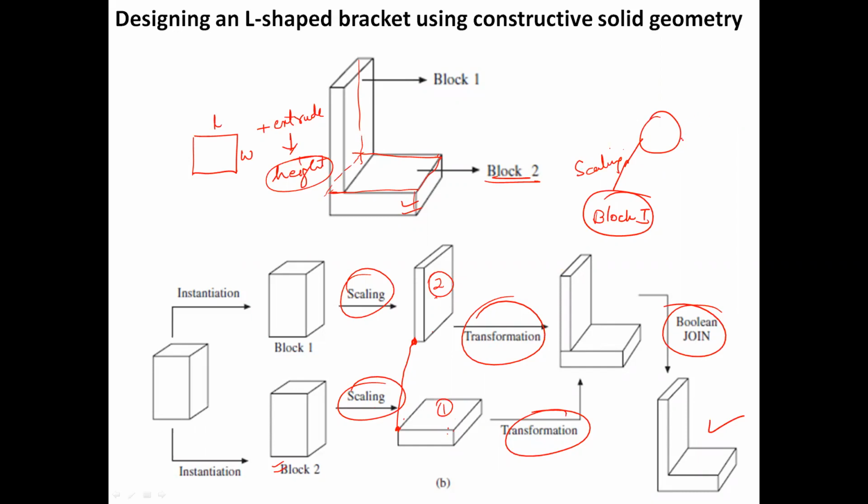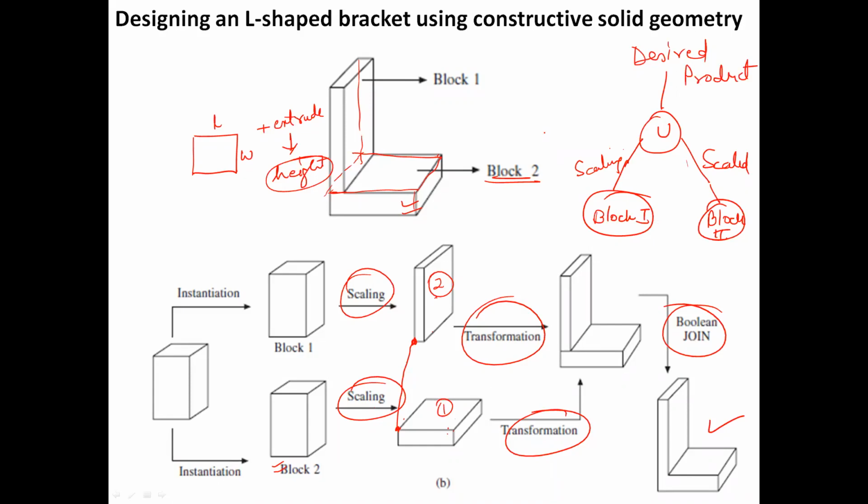Similarly, there is block 2 that has also been scaled. Then I will perform the union operation and get the desired product. So this is how the whole CSG tree actually looks.